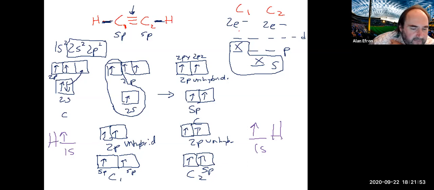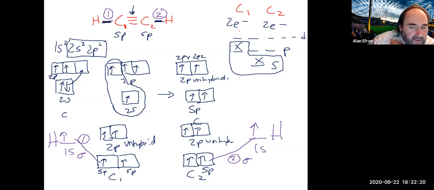So if we keep track of all of our bonds here, this guy being number 1 would be between the carbon and the hydrogen. And that is just a single bond, so that is a sigma bond that's happening there. We also, on the other side, have a bond between that carbon and hydrogen, which would be these 2 guys. And that would be bond number 2, which is again also a single bond or a sigma bond.